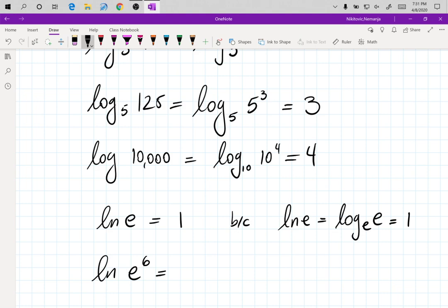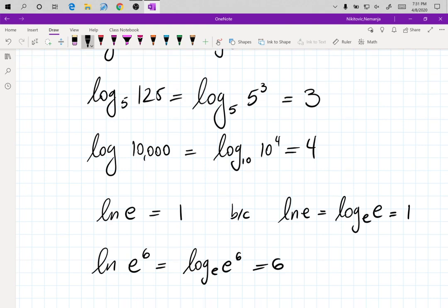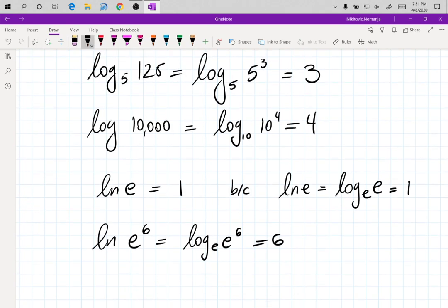That is going to be, again, log base e of e to the 6, and it's just 6, because the formula up there said so, right? It's the math rule. It's the rule because you have the base, and now in function composition you have the exponential with the same base. So they cancel.